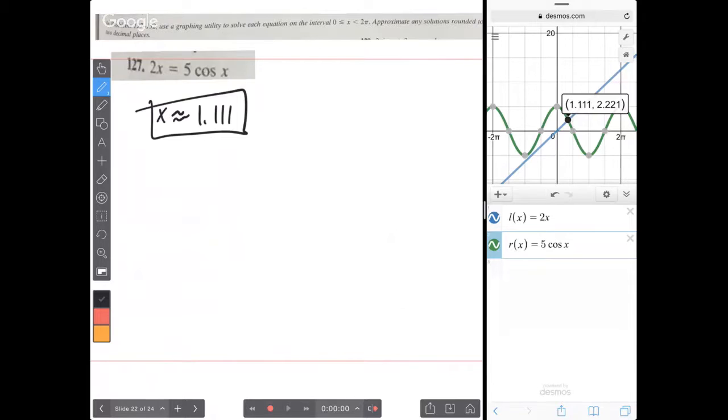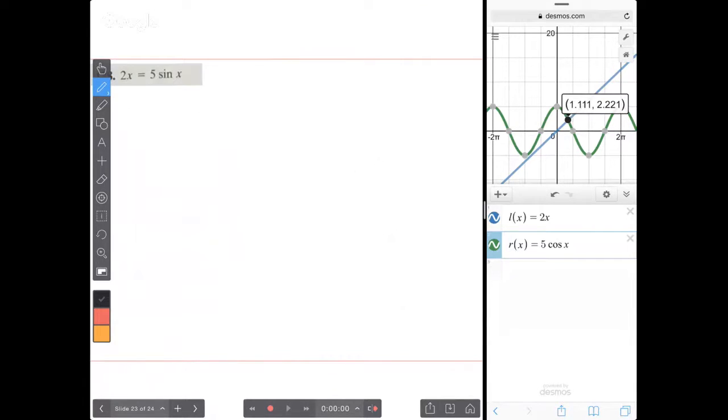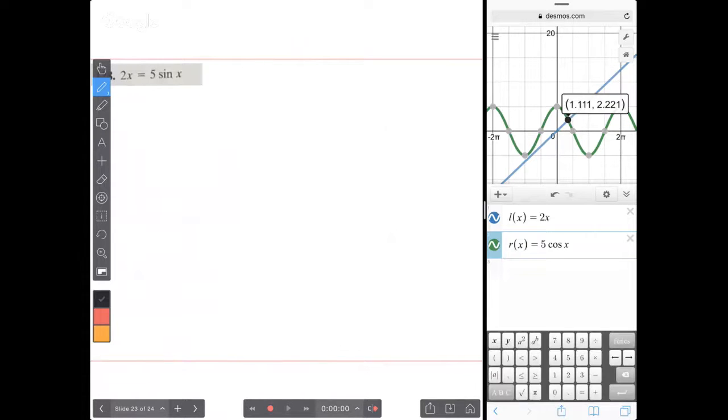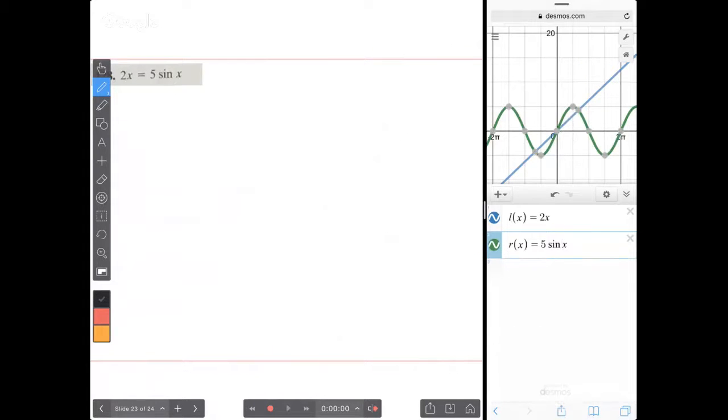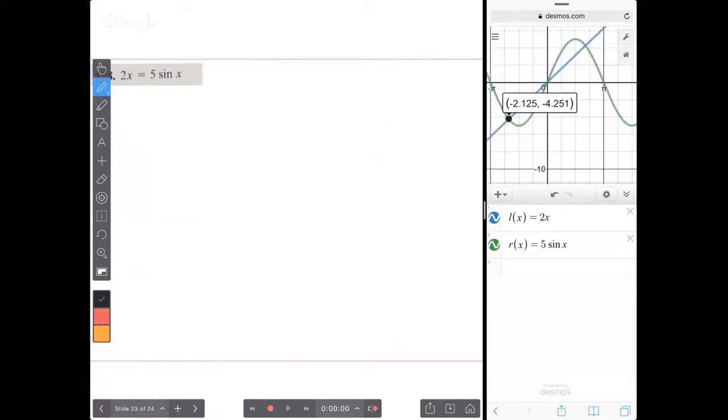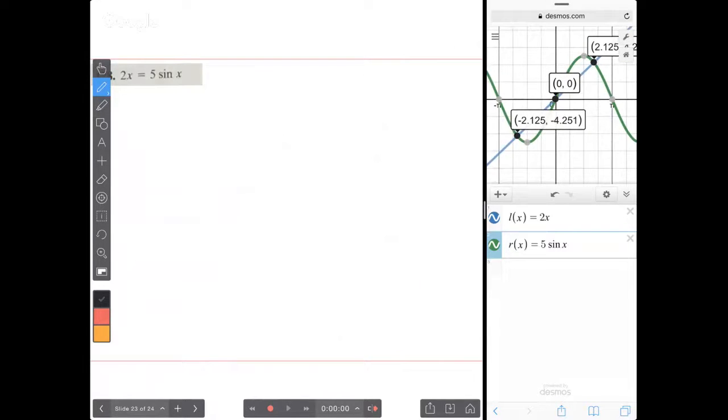So Mary, you wanted to go back to the secant properties? Let's look at one more of these and then I can come back. So here's 2x equals 5 sine x. And it just happens here and here and here. So x equals negative 2.125, x equals 0, x equals 2.125.